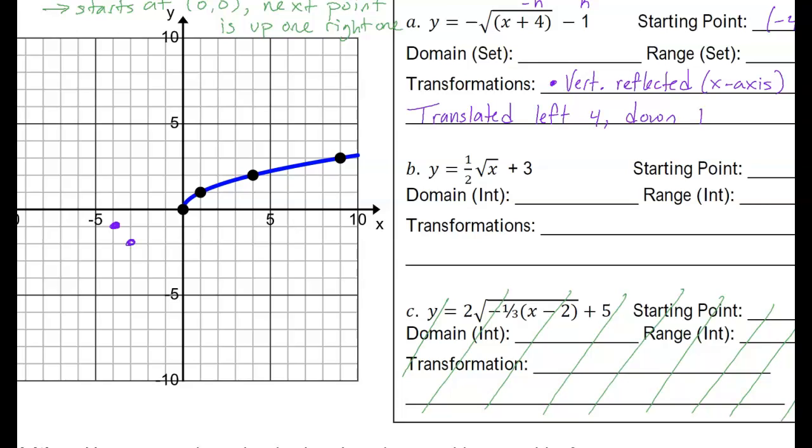Down 1 over 1. Good. And then I just do my swoop. If you want to graph more points, you can. The next point would be over 4, down 2. But 2 is about all I need. 2 perfect points.